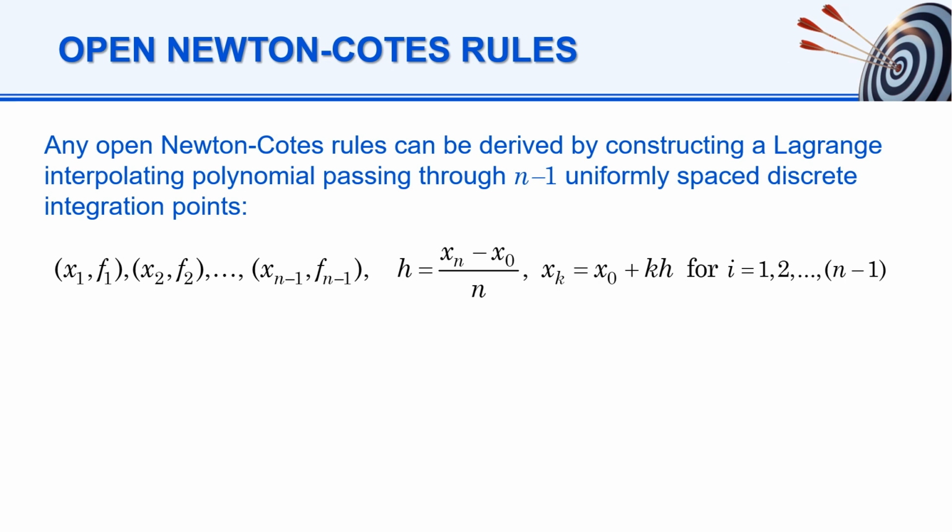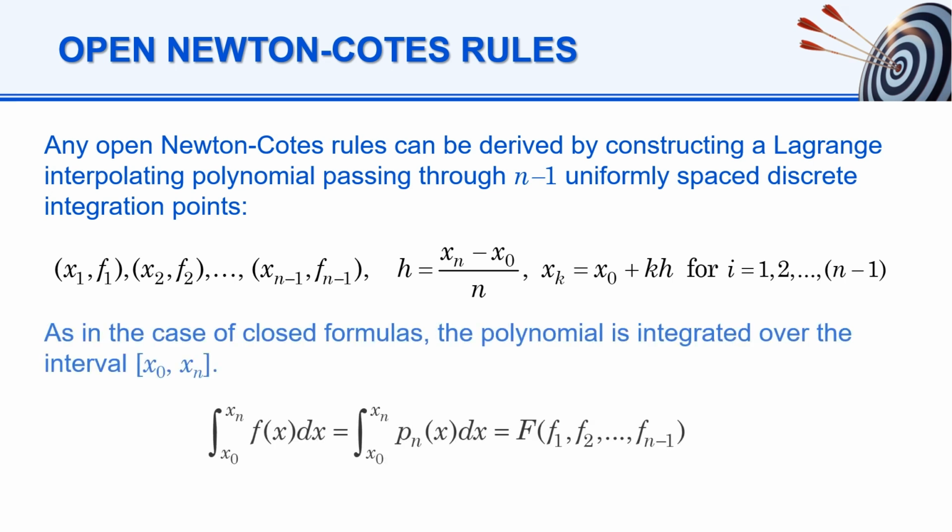Any open Newton-Cotes rule can be derived by constructing a Lagrange interpolating polynomial passing through n-1 uniformly spaced discrete integration points. As in the case of closed formulas, the polynomial is integrated over the interval from x0 to xn.